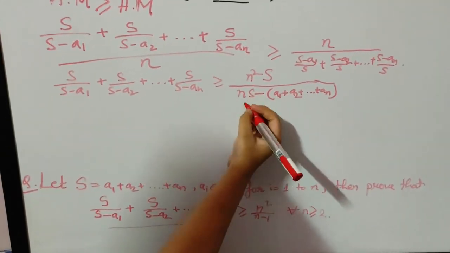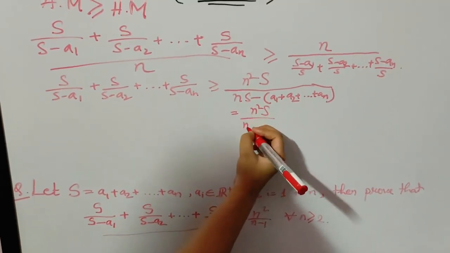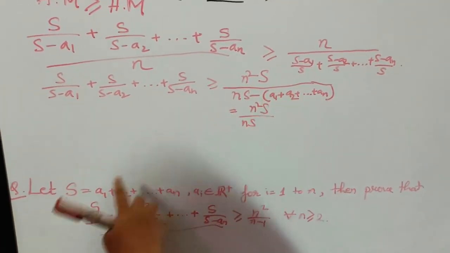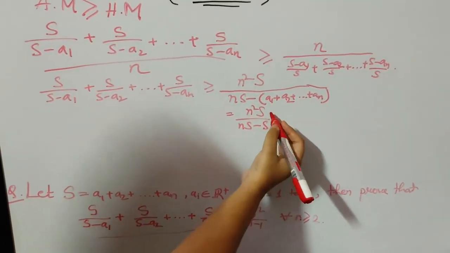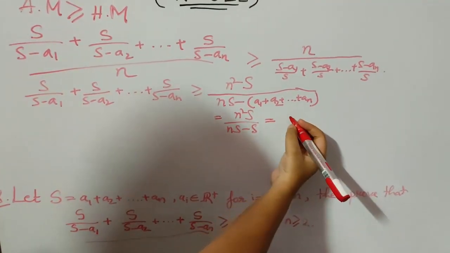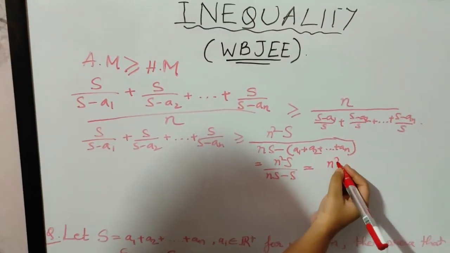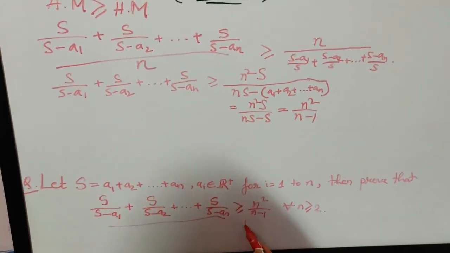So this term is equal to n square S by nS, and this term is equal to S given in the question. So we are cancelling S over here. So we are getting n square by n minus 1, which is the required result.